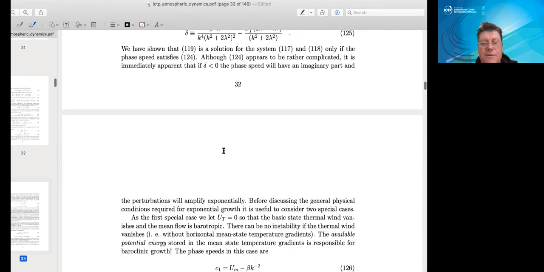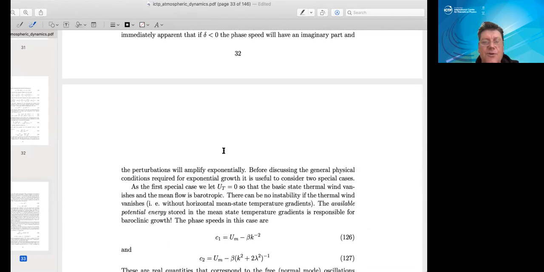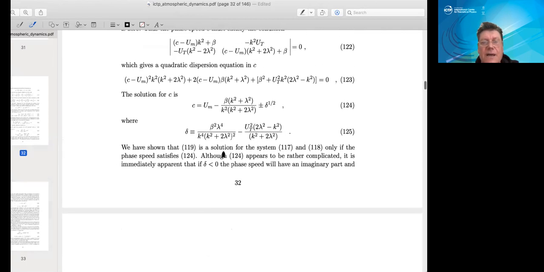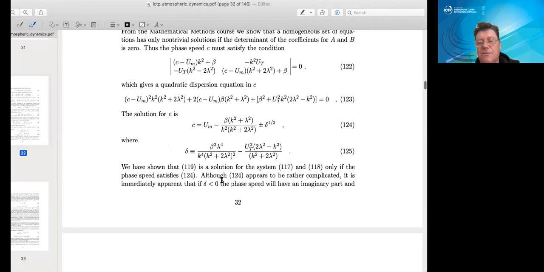But first, it is useful to look at the special case of the thermal wind equal to 0, which removes the instability. Because if the thermal wind, the change of the wind with height, which is proportional to the meridional temperature gradient, is 0, then the delta here is positive.